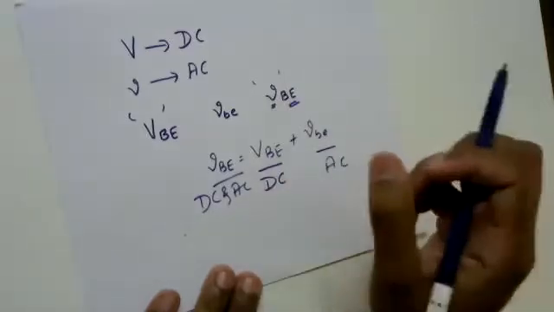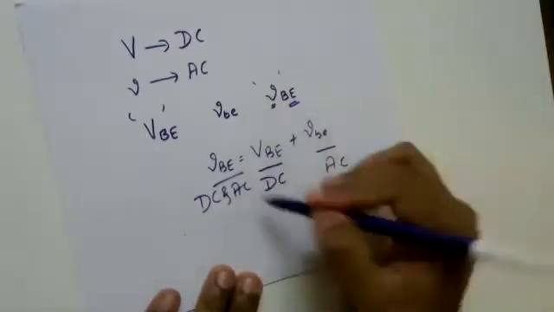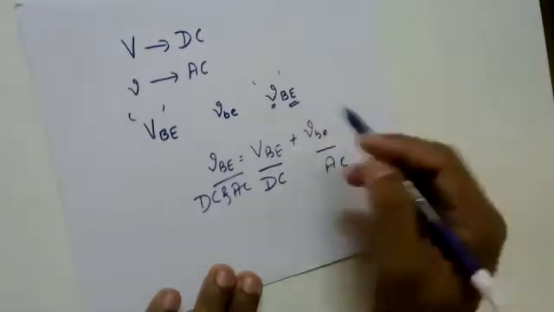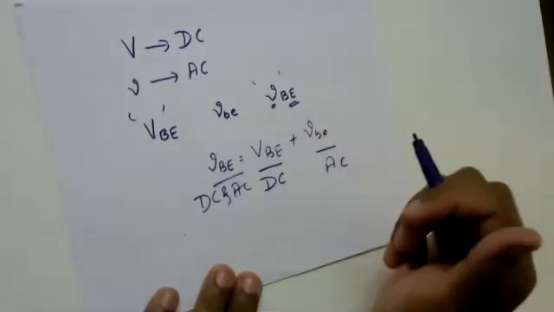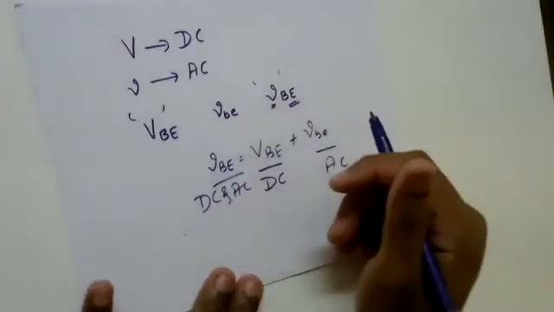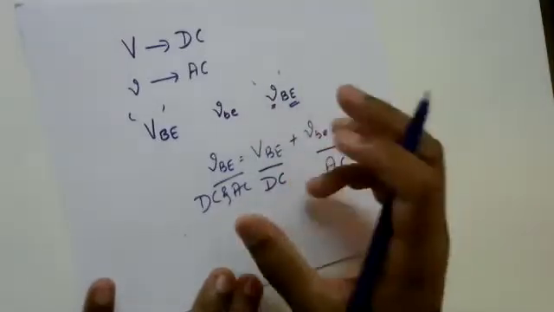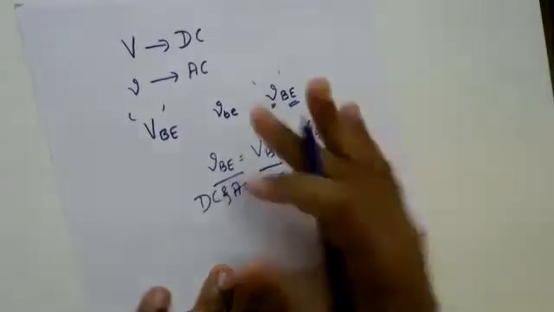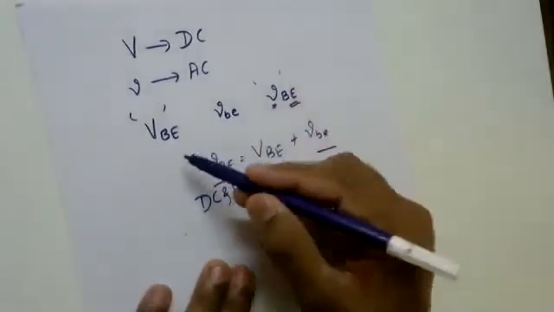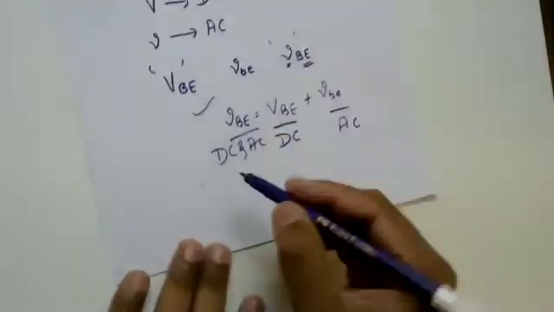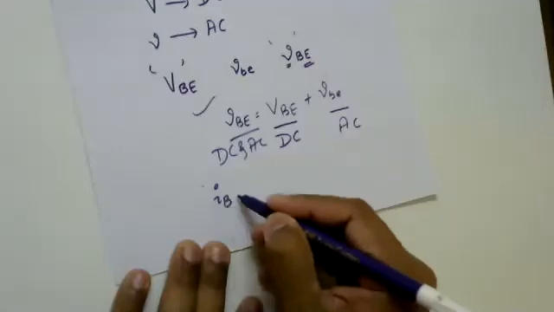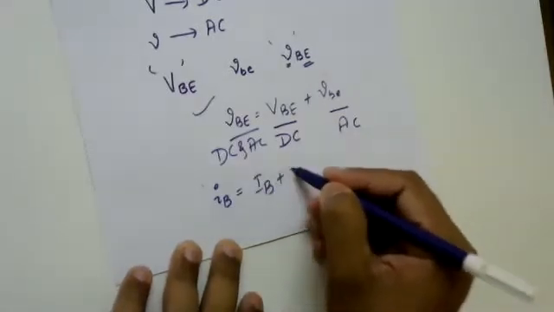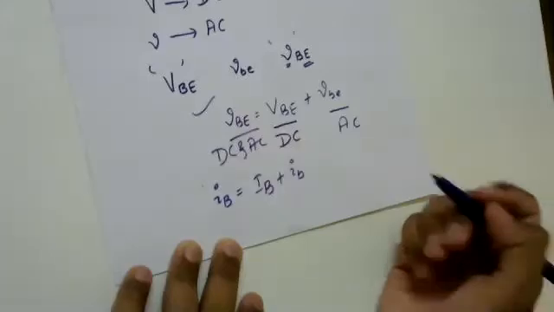So this understanding is required when you want to understand the expressions we did yesterday. If this is clear, then you will not face much problem. From yesterday's analysis, you can easily infer that any parameter may not be only VB. Even if I write the equation for iB, I can write this as IB plus ib.